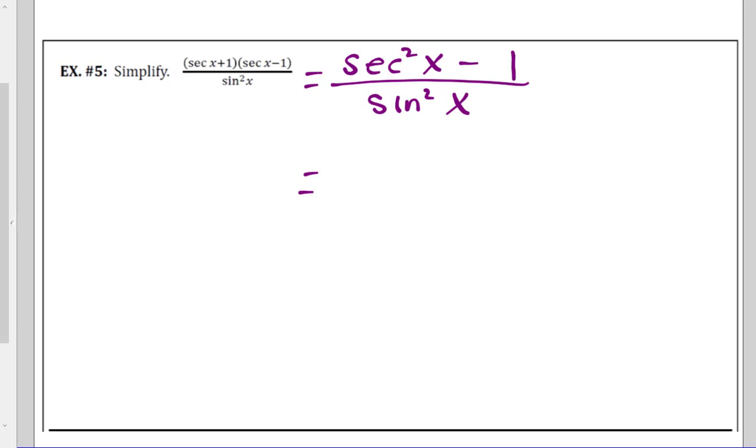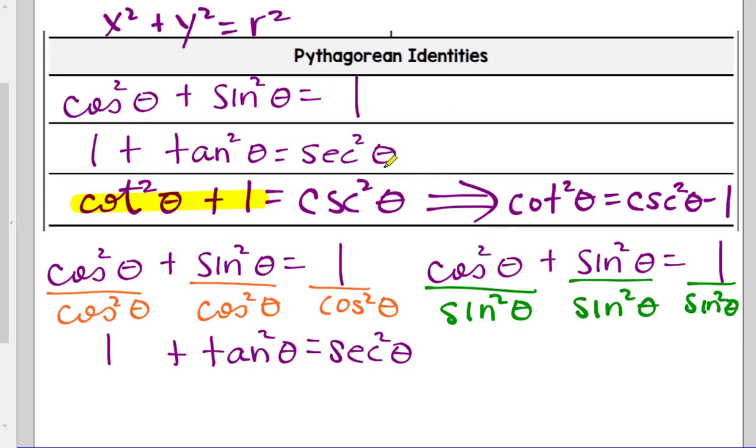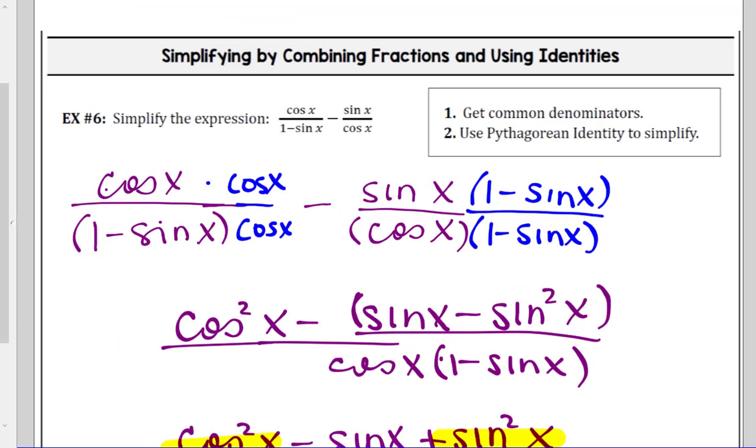So let's go back and take a look at them. We have 1 plus tangent squared theta equals secant squared theta. If we subtract 1, then we get secant squared theta minus 1 is equal to tangent squared theta, right? So I can replace that numerator with just tangent squared theta.